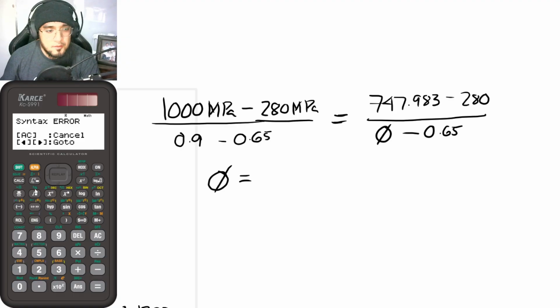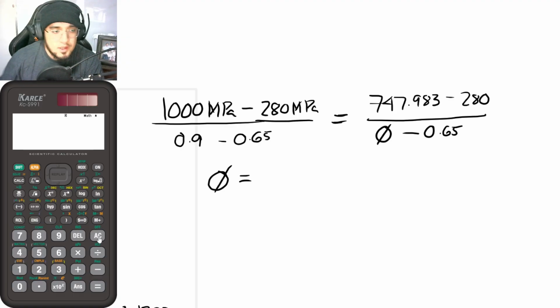So 1,000 minus 280 divided by 0.9 minus 0.65. This is now equal to 747.983 minus 280 divided by alpha x minus 0.65.